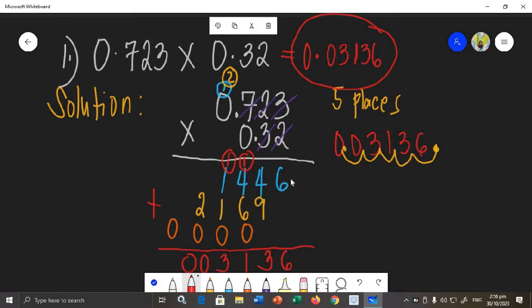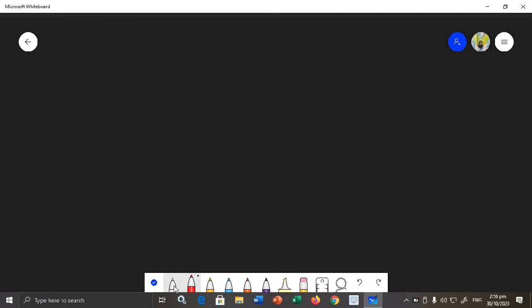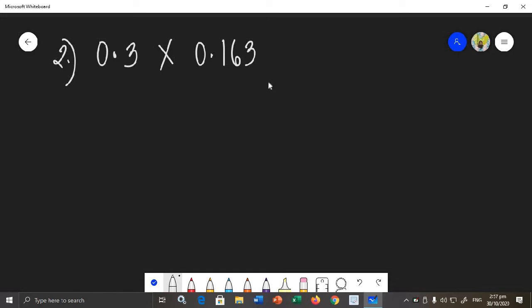How about another example? Let's say we have example number 2 and we have 0.3 times 0.163. Let's say yan. What is the product of this given? Again, we should write our solution, or our given rather, in vertical form.